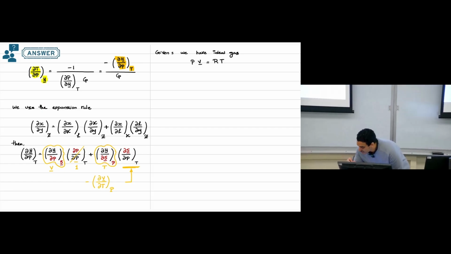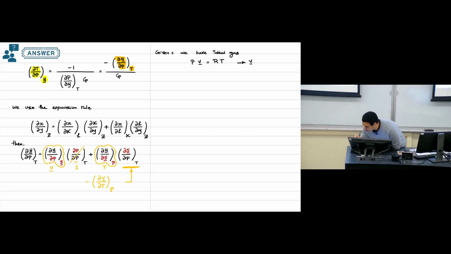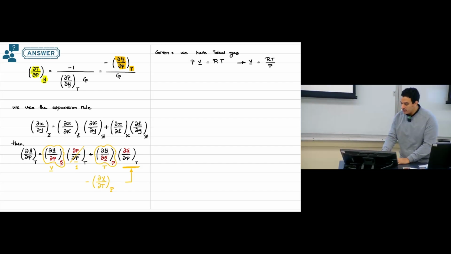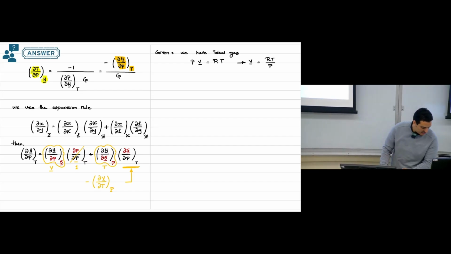If we rewrite this equation, we can say V is RT over pressure, then calculate the partial derivative dV by dT at constant pressure.